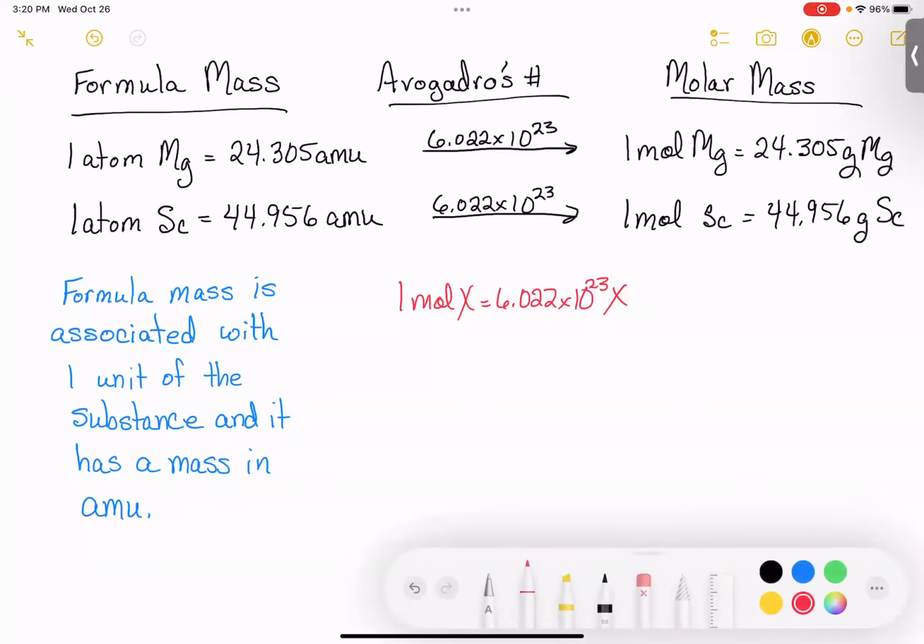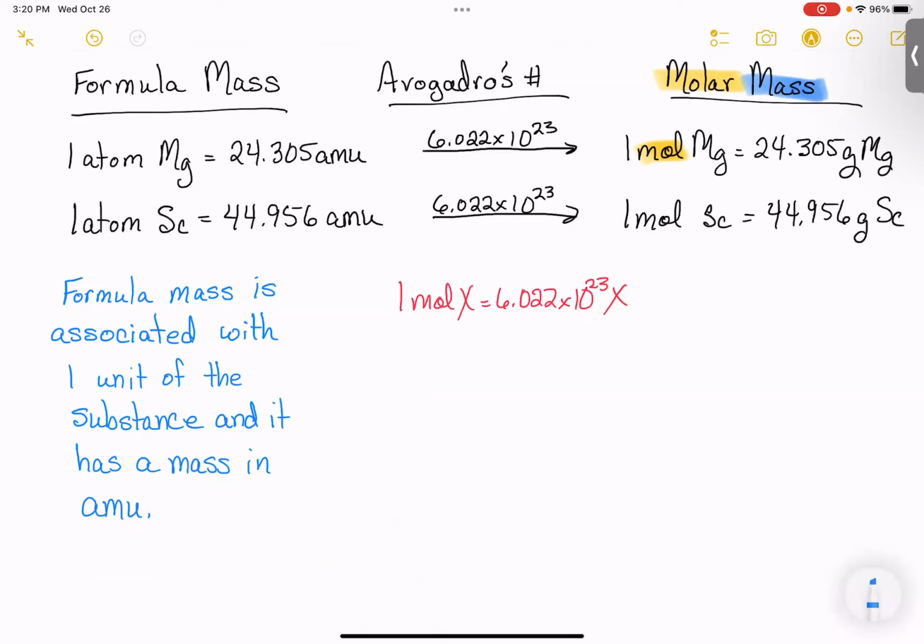And then you finally have molar mass. The word molar contains moles, just like the units, and it contains the term mass, which is what gram measures. So it's called its molar mass.